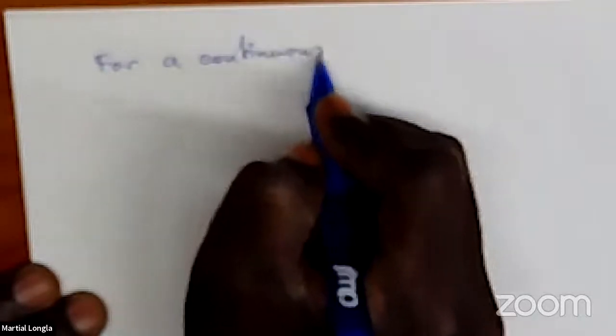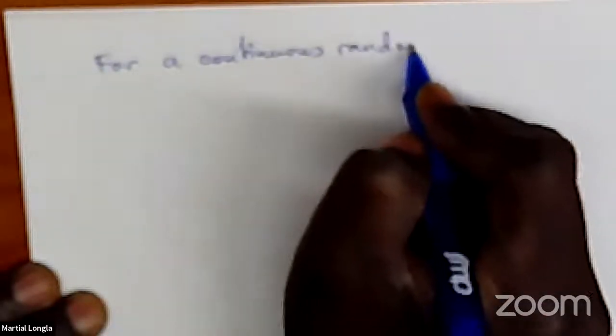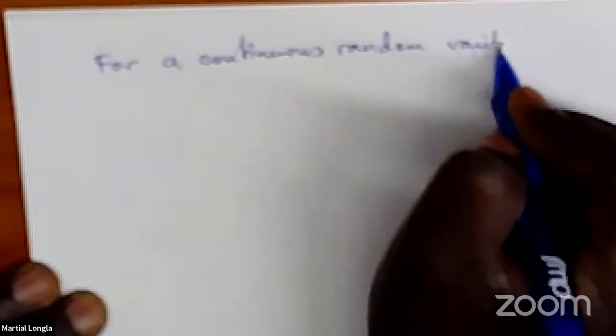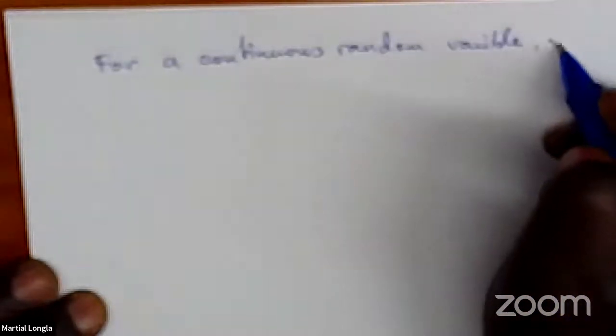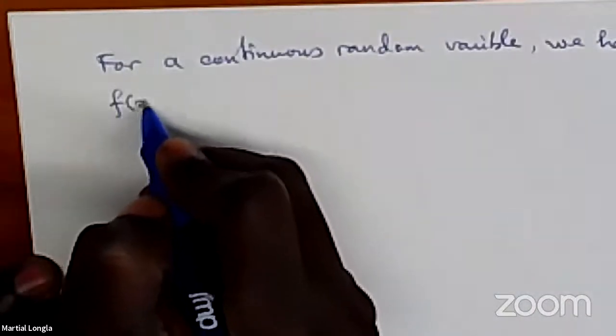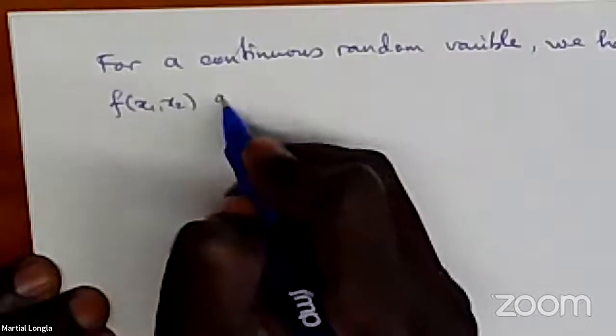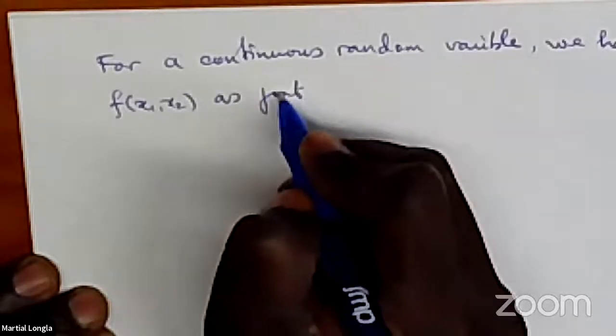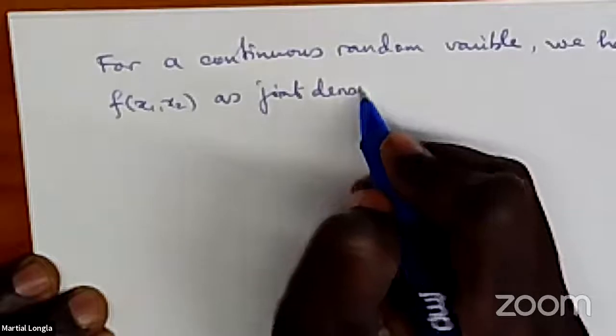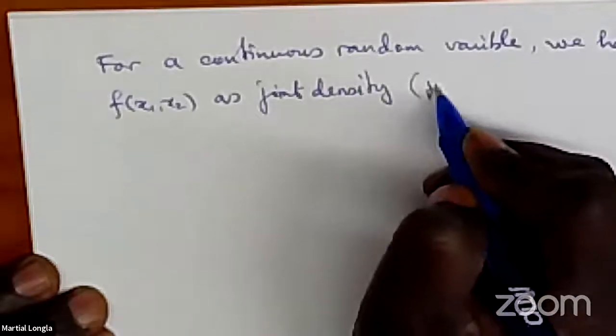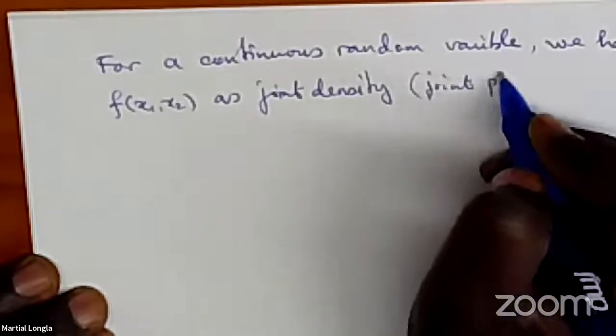So for a continuous random variable, we have f of x1, x2 as the joint density, the joint PDF.